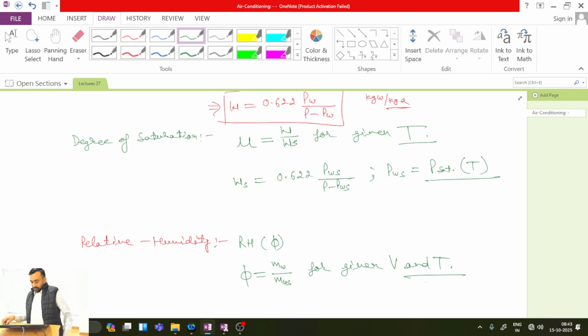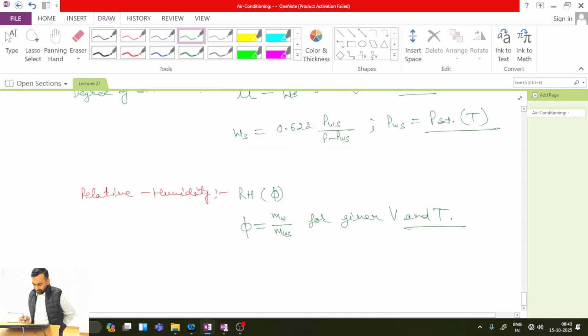So relative humidity can further be simplified just from the previous equation. If I do replacement with the ideal gas equation, what will I get?